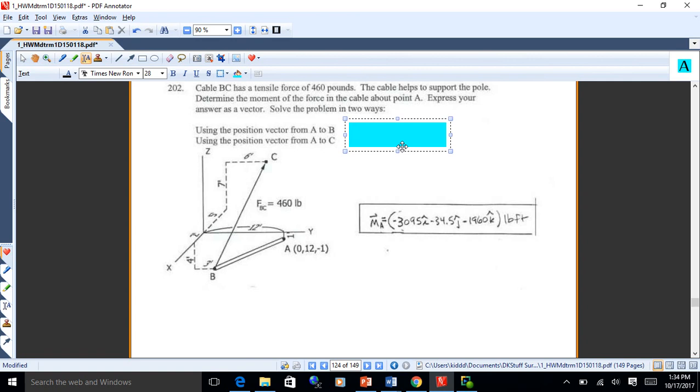You're going to find the force vector first, and then find a position vector from the point about which we're taking moments, point A, to B, and then from A to C. Once you've got those, you just do the cross product. So that's the process on this.